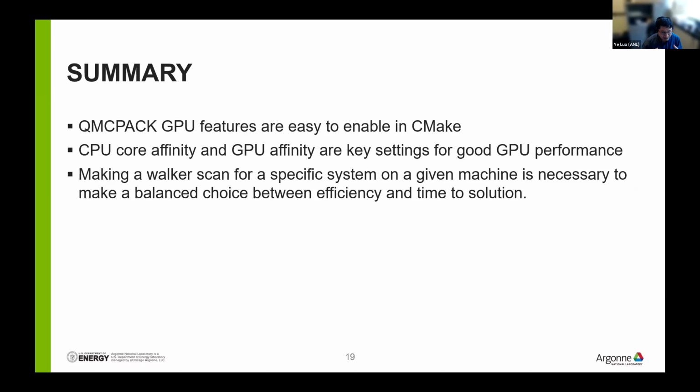Also, it's recommended you do a quick worker scan study on a single node for the simulation that you're going to run 1,000 times. Do this quick scan and figure out optimal worker counts. Of course, optimal is kind of subjective because you need to make a choice between how close you want the performance to be to the peak throughput, and you might need to compromise regarding the time to solution.